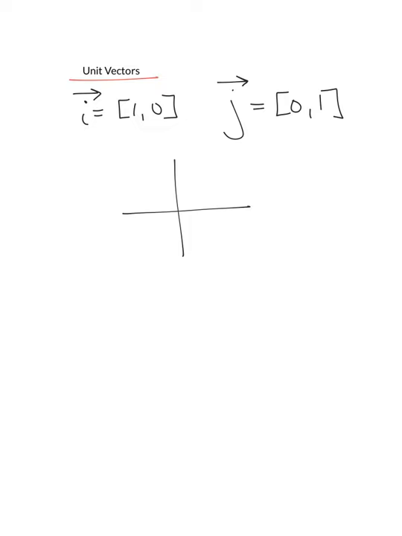Unit vector i has an x-coordinate of 1 and a y-coordinate of 0. So this is unit vector i. And then j has an x-coordinate of 0 and a y-coordinate of 1. So j is right here. Now we are going to be using them a lot in the upcoming sections.